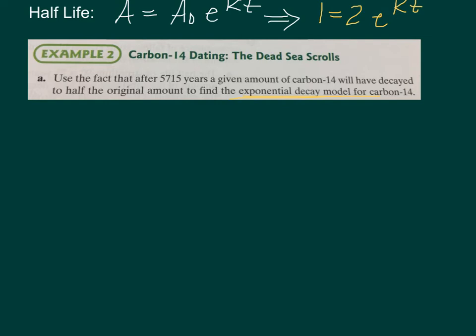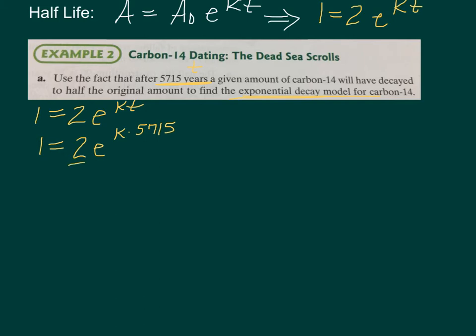So we're going to use our half formula. And it says that this was after 5,715 years, so that is t. So now I'm going to solve for my decay rate.